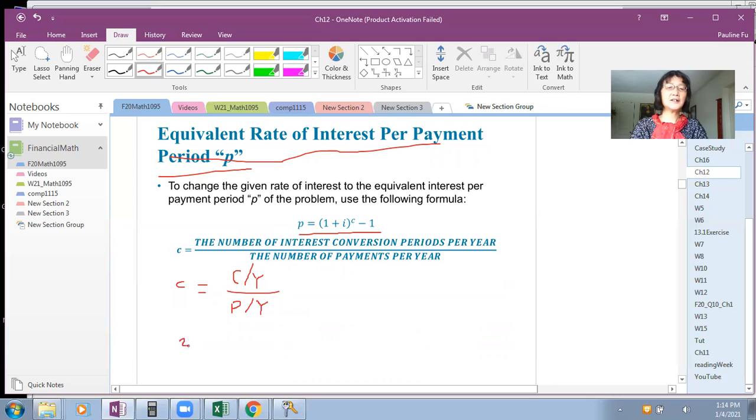And I is the periodic rate of interest. So this is the equivalent rate per payment period, P.